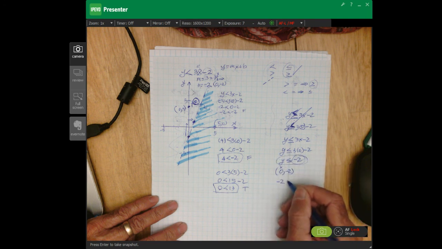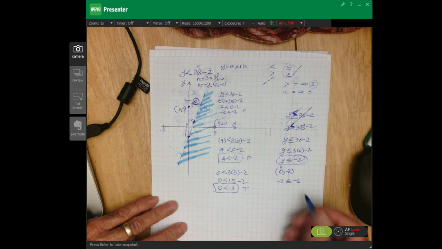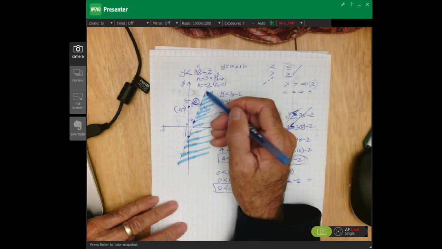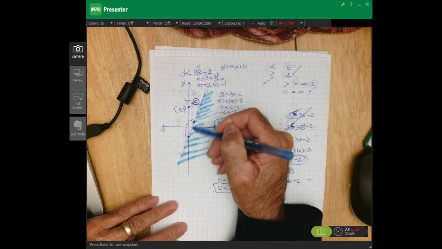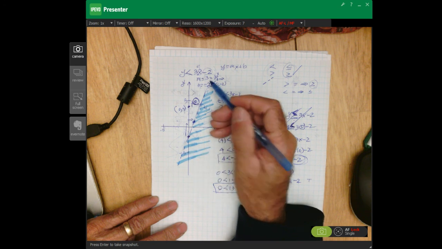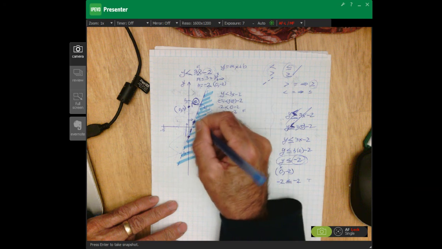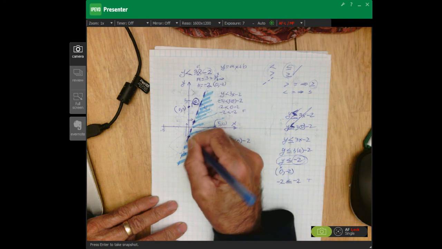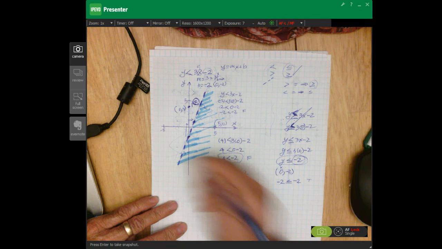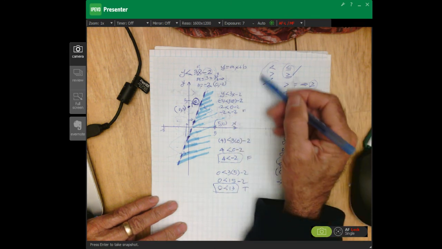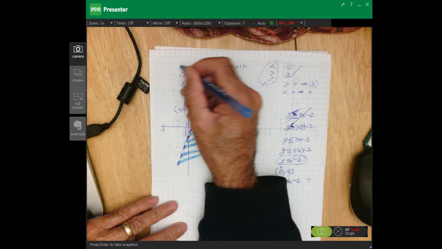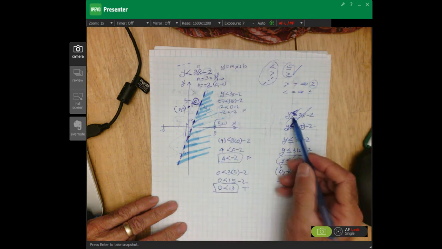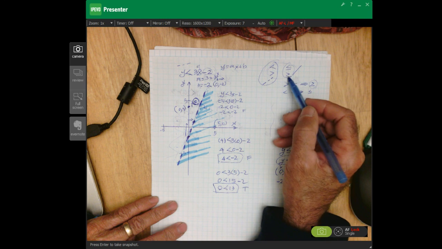It's a true statement to say negative 2 is less than or equal to negative 2. It's not less than, but it is equal. So then that would be true. Now, since it's true, every point on this line is going to be true, and we would need a solid line instead of a dotted or dashed line. So dashed is for this, and solid is when you have an equality.